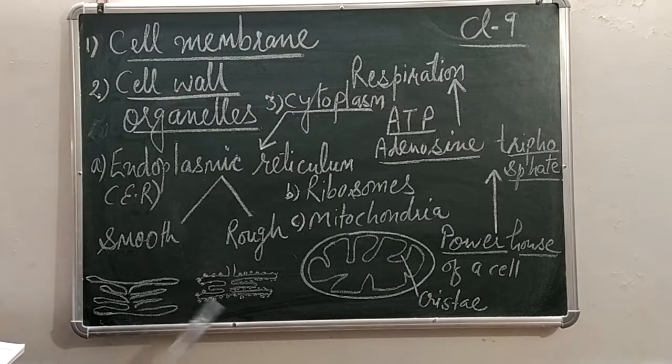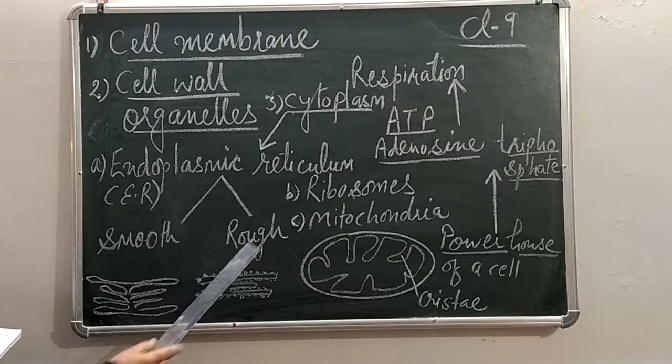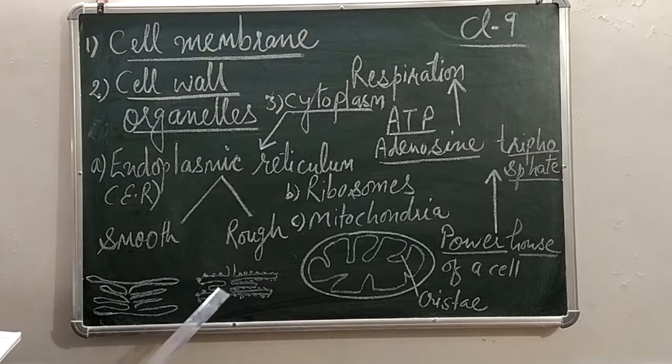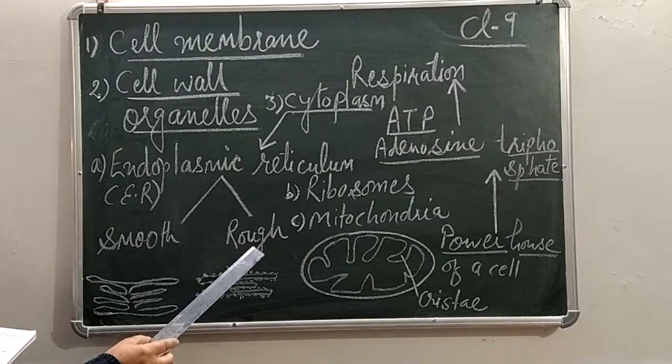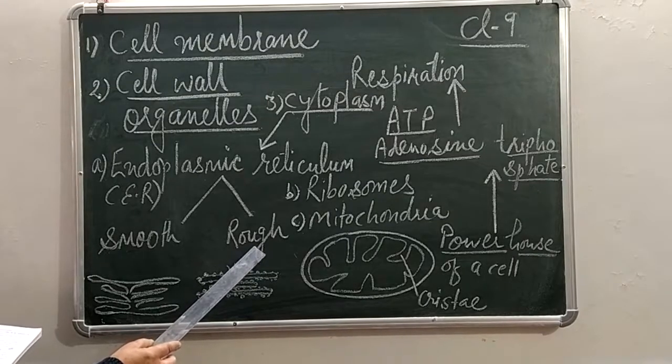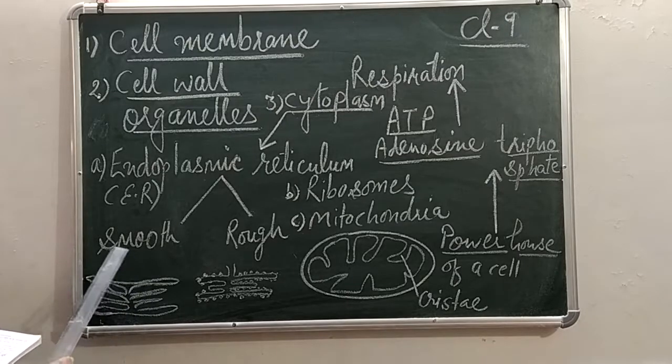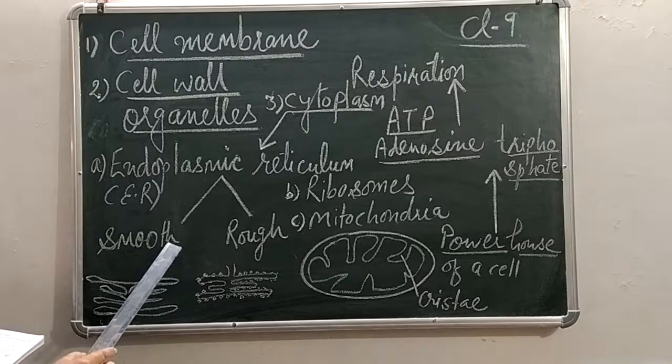As you can see in the figure, smooth does not have small granules. What are these granules? They are known as ribosomes. If the endoplasmic reticulum has ribosomes on its surface, it is known as rough endoplasmic reticulum. If it does not have any ribosomes, it is called smooth endoplasmic reticulum.